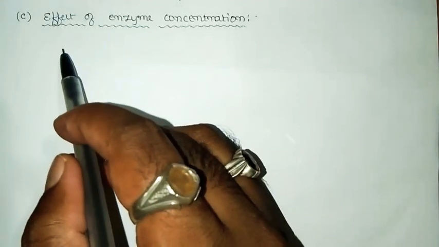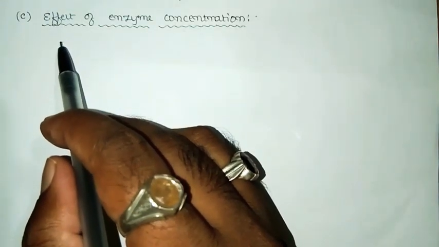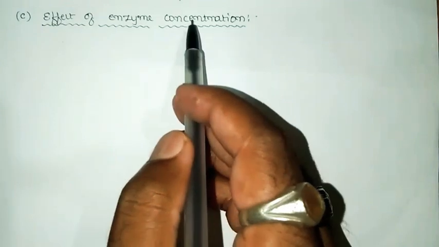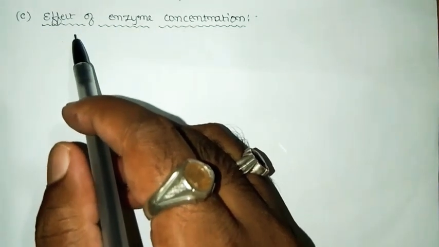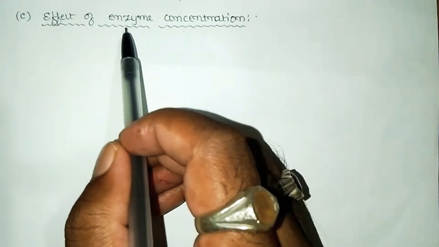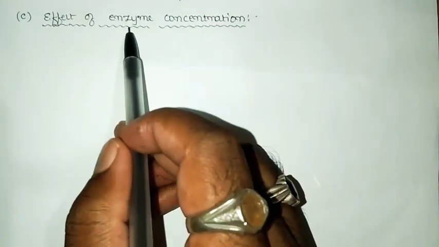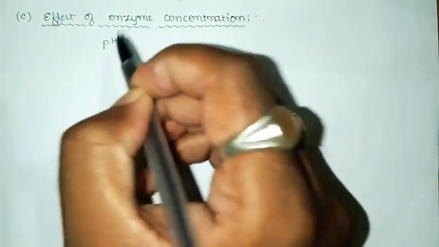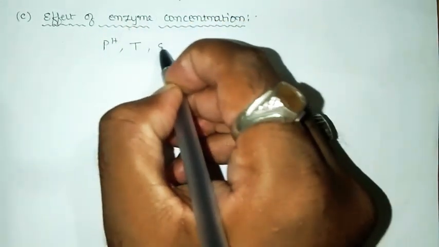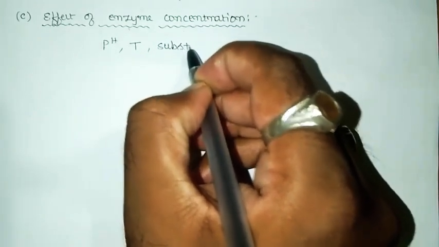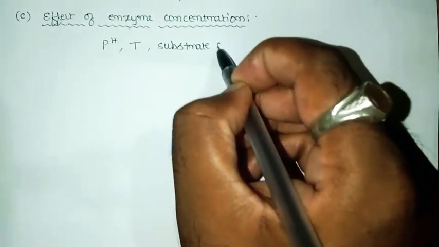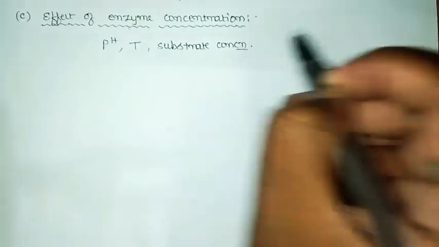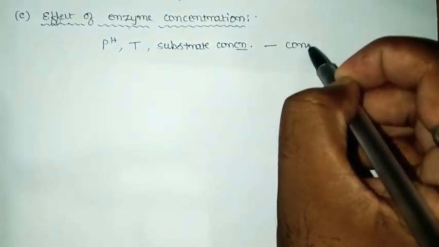The third factor that influences the rate of enzyme catalyzed reaction is the concentration of the enzyme. In order to understand the effect of enzyme concentration on the rate of reaction, the remaining factors such as the pH of the solution, temperature, as well as the concentration of substrate are kept constant.